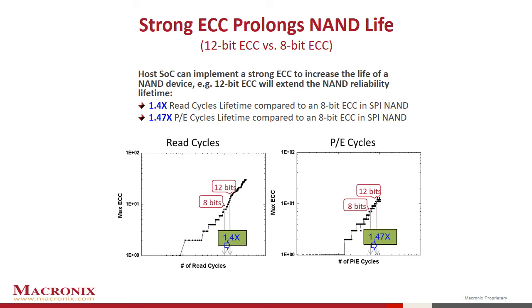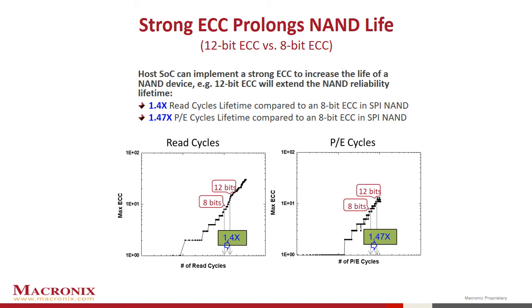However, if error correction is performed by the host, it may have the capability to support multiple levels of ECC. By using stronger ECC, for example 12 bits versus 8 bits, the NAND device would be able to tolerate a higher number of bit disturbs before the data needs to be refreshed or rewritten. This means the NAND will perform fewer program erase cycles and ultimately experience a longer life.